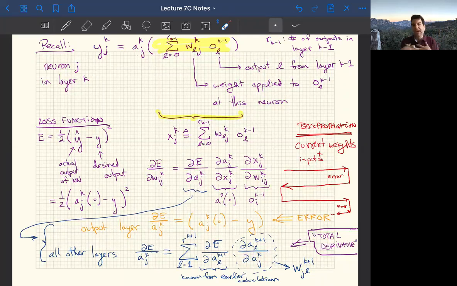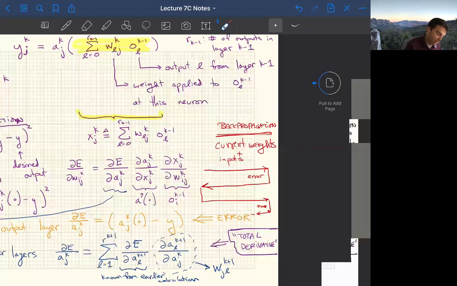I know that my activation function gets wired to a bunch of other activation functions in these layers that are closer to the error.